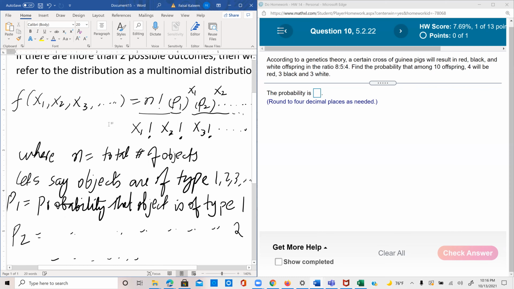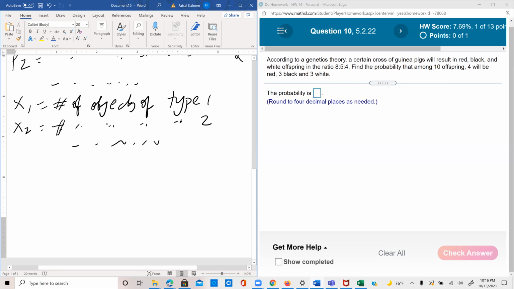So over here, we will have the probability of red. Red, black, and white are in this ratio 8:5:4. So the red probability would be 8 over 8 plus 5 plus 4, which is 8/17.